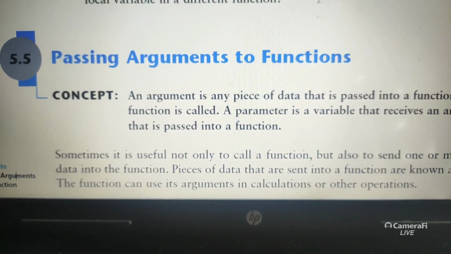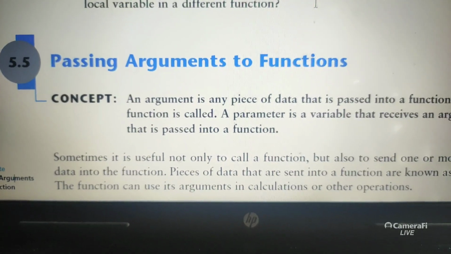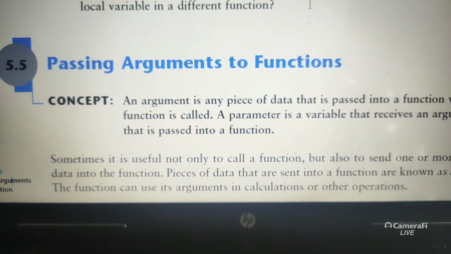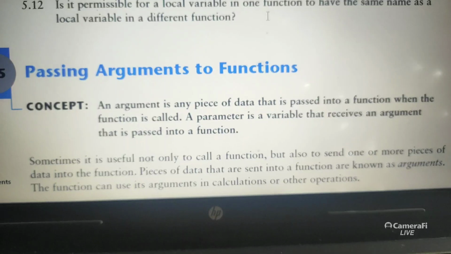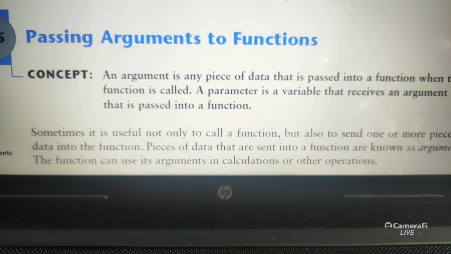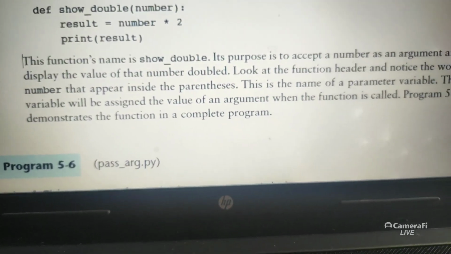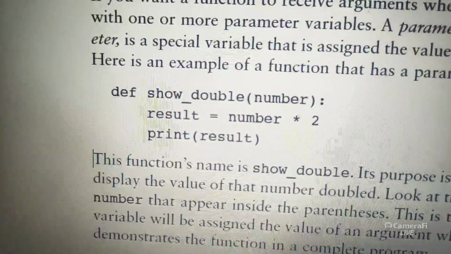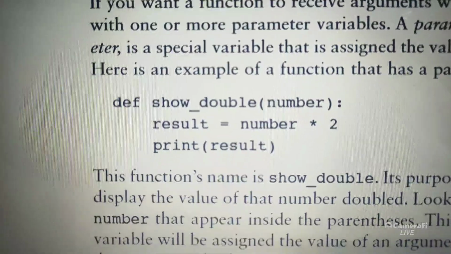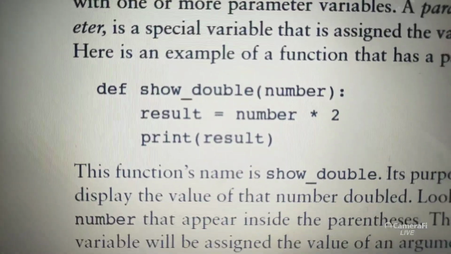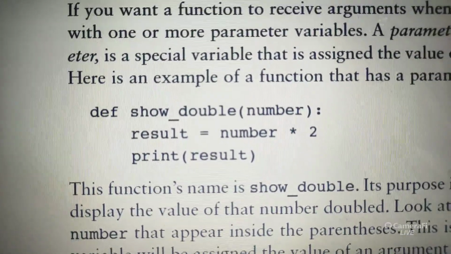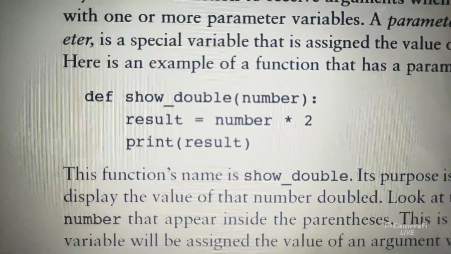So far in the previous programs, the function just had some statements and no parameters. Now the function will consist of arguments. For example, here is one example: define show double, and the function argument is number.